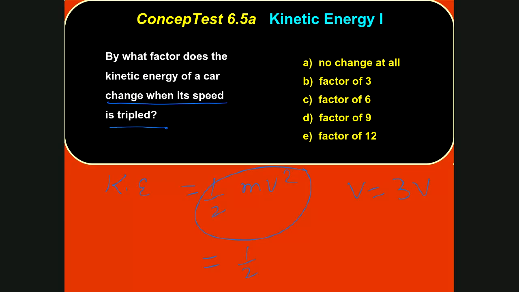The old kinetic energy and the new kinetic energy will be 1/2 m times, but instead of v, we'll write 3v whole square. That is 1/2 mv squared, but there's a 9. So this represents that it is 9 times the old kinetic energy. So the kinetic energy increases by 9 times.